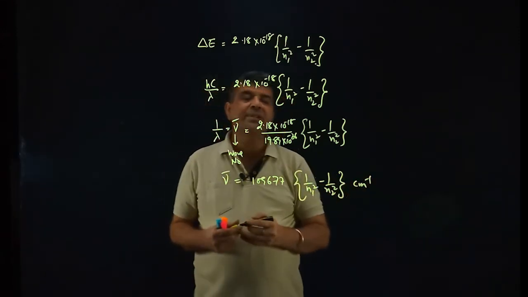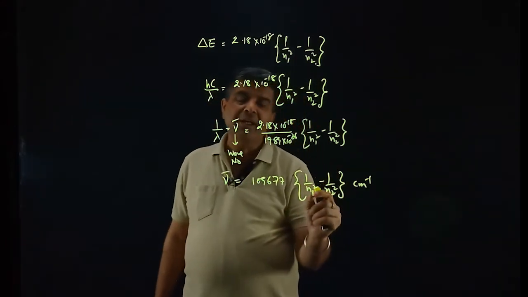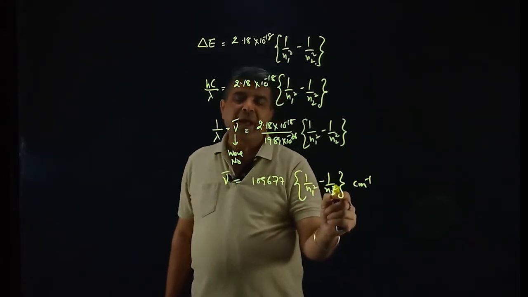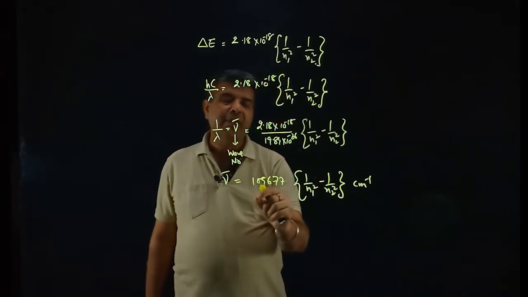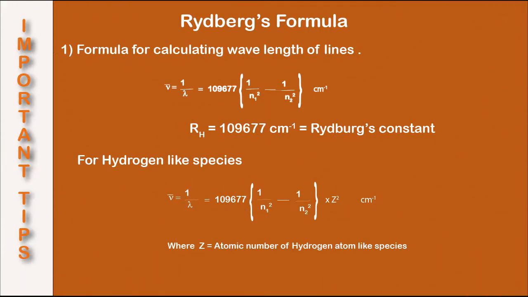So wave number would be in centimeter inverse. If we know the initial position and final position of the electron, we can calculate the wave number associated with that electronic transition. To sum up, on your screen you can see the formula for calculating the wave number, having the Rydberg constant. You can jot it down or you can take a snapshot.